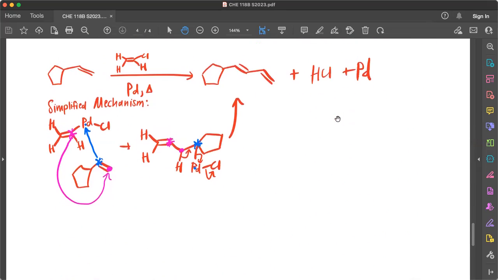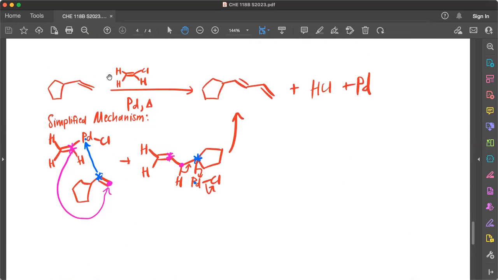And the shortest synthesis for this is just one step, which is the Heck reaction, where we use this compound and palladium metal with heat, where the simplified mechanism is where palladium will insert itself between this chlorine and carbon atom, making this carbon connected to the palladium nucleophilic, which will attack the less substituted side of the alkene here.